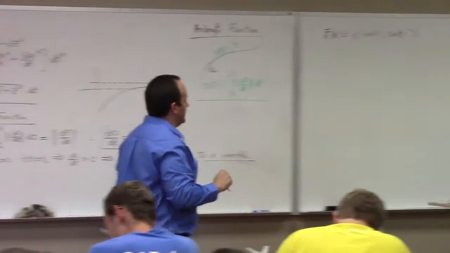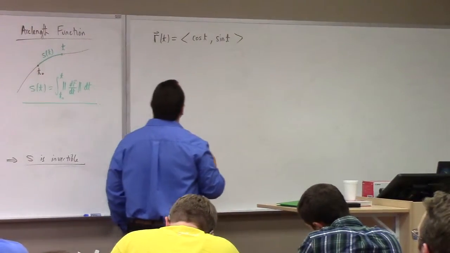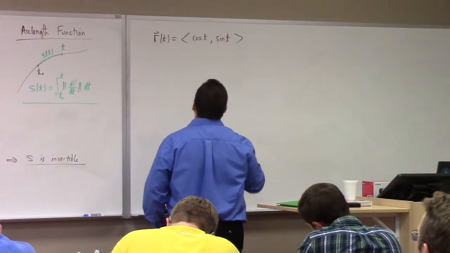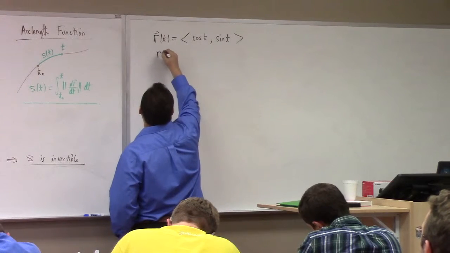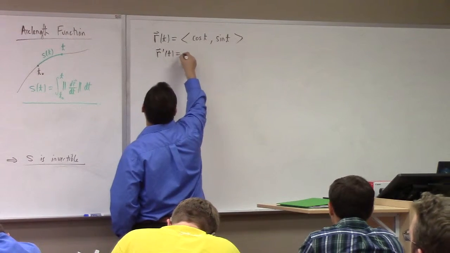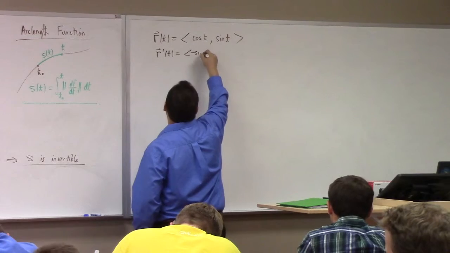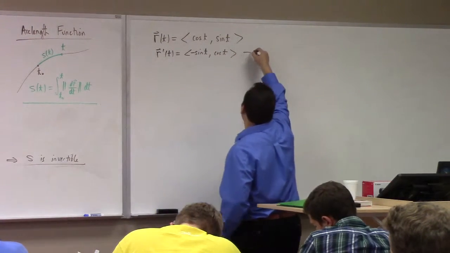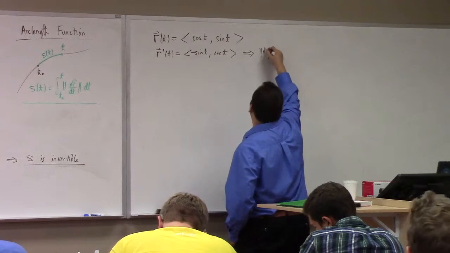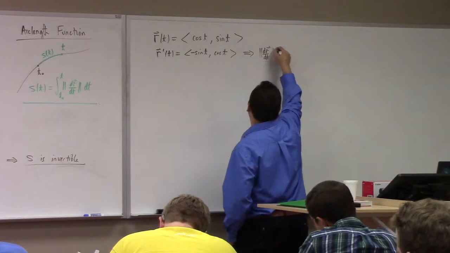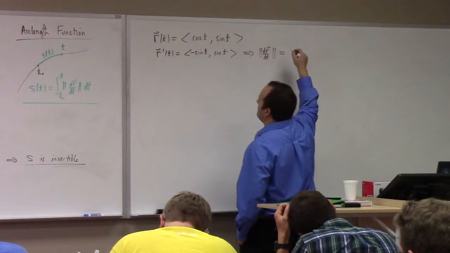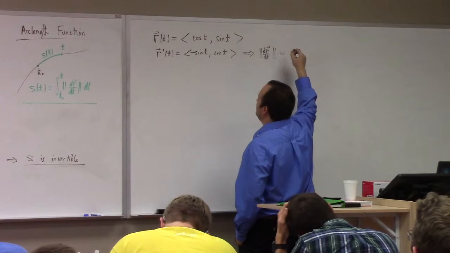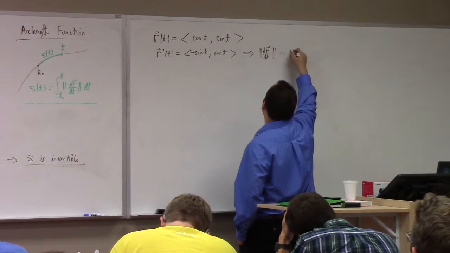What's the speed of this thing? r prime of t is what? Minus sine t, cosine t. So that tells me the speed is what? Oh, curses. Speed is 1.